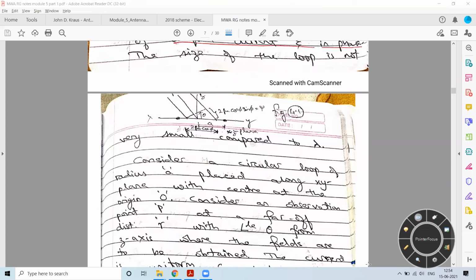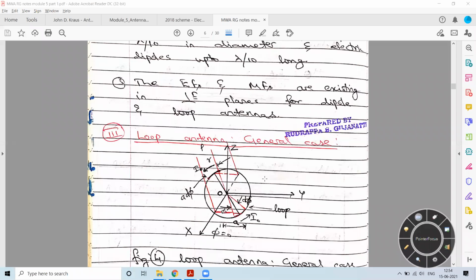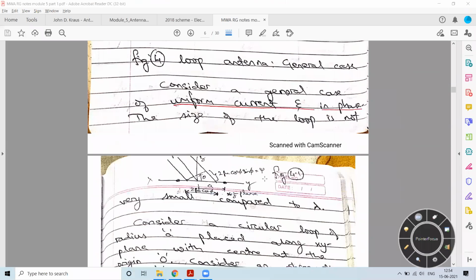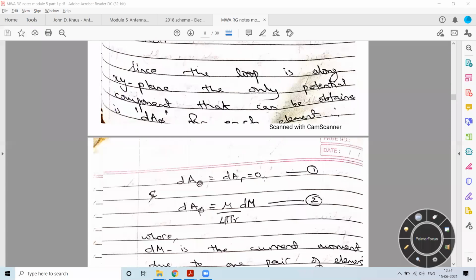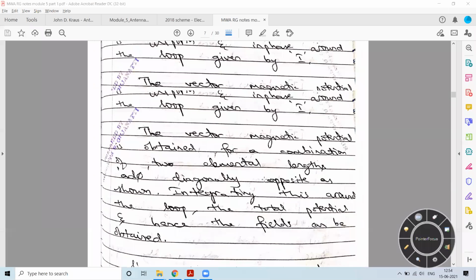Again, I'm specifying we are considering a point P which is at a distance r from the origin, having an elevation angle of theta and an angle of phi, that is the azimuth angle. Based on all these specifications, we look at the orientation, and from that we observe what field is associated.